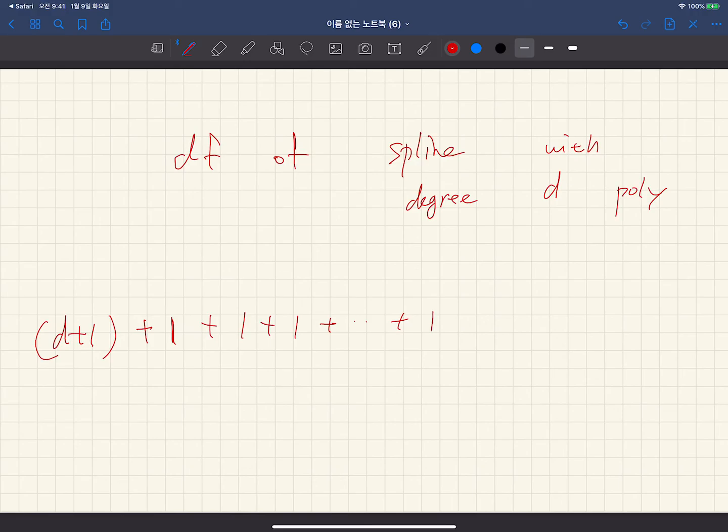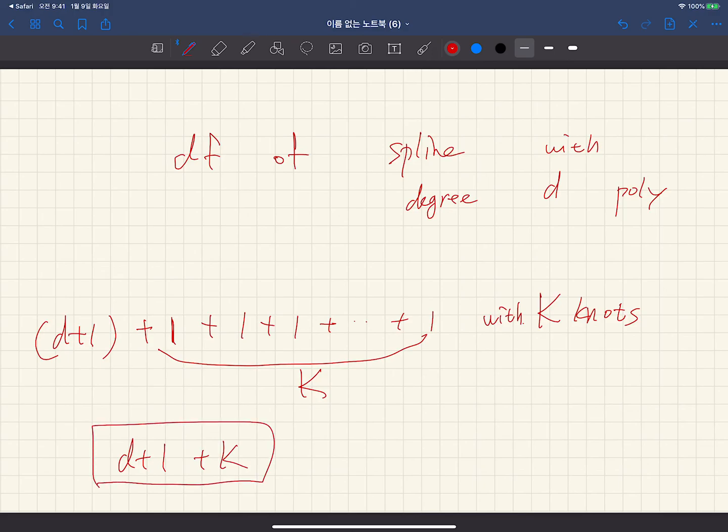Okay, so when you have k knots, your total degrees of freedom is d plus 1 plus k. Okay, so this is the total degrees of freedom of your spline method.